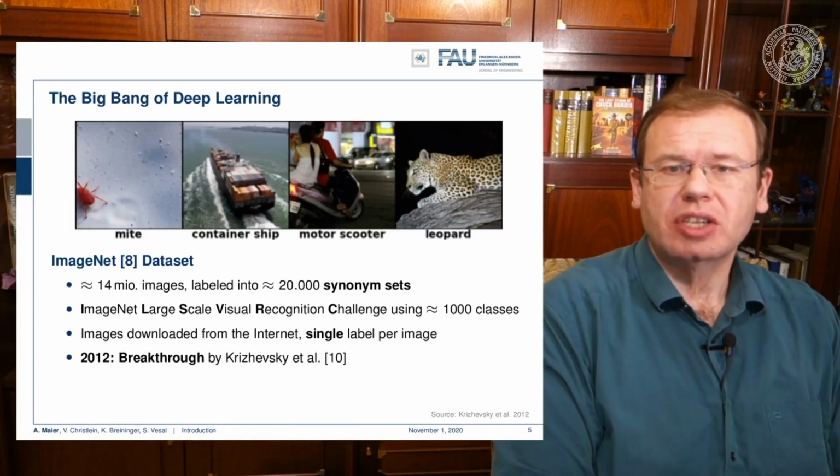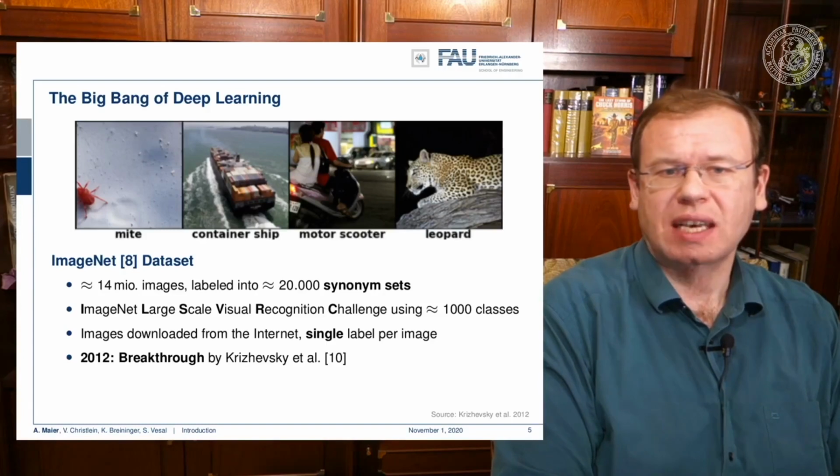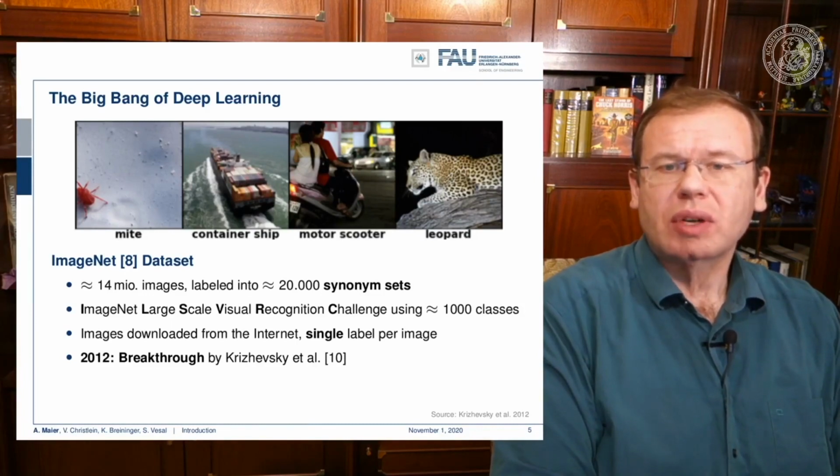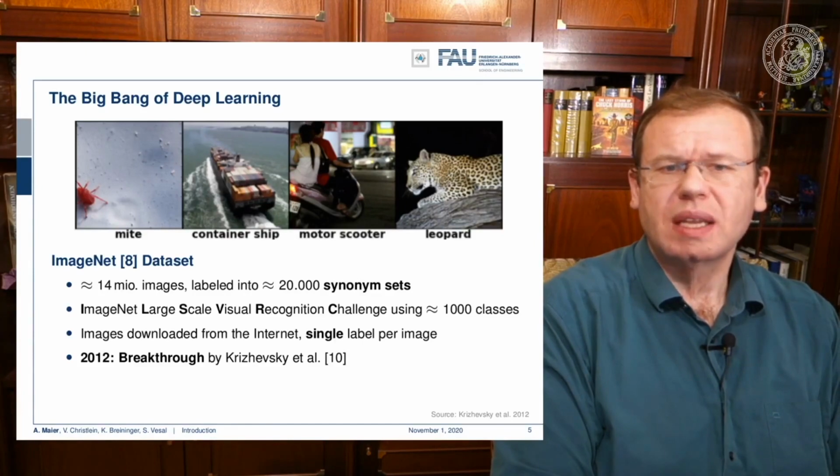Before the ImageNet challenge, classifying into 1,000 classes was essentially deemed completely impossible. The images that are used have been downloaded from the internet, and they have a single label per image. So this is really a huge database that allows us to assign categories to a large number of individual images.